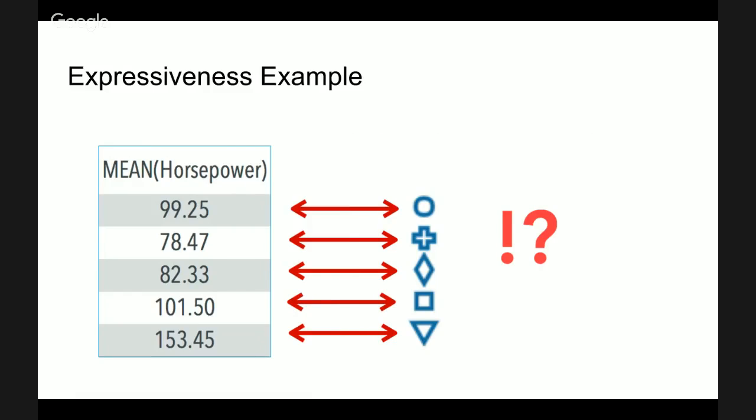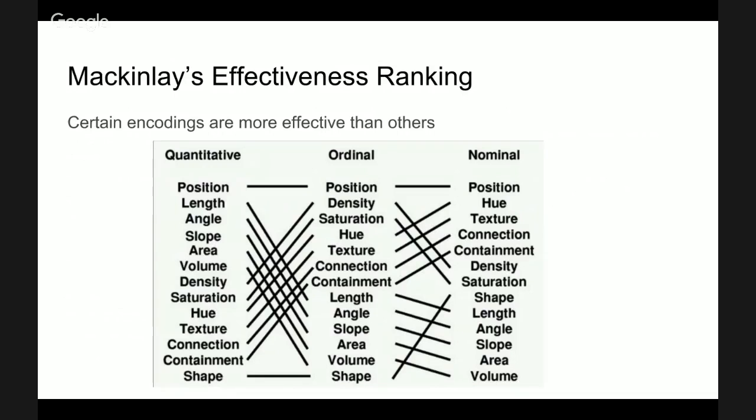For effectiveness, I said earlier there are different channels, and some channels are better than others. The visualization community has done a lot of research to figure out what are the most effective encodings, and these are split by the different encoding channels.